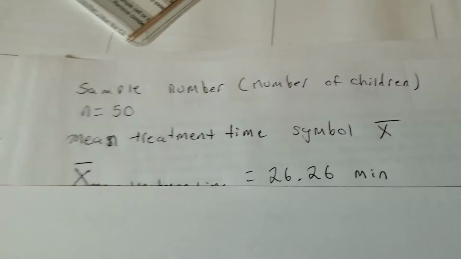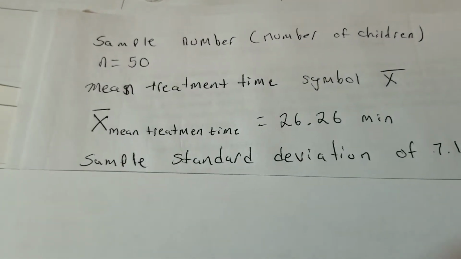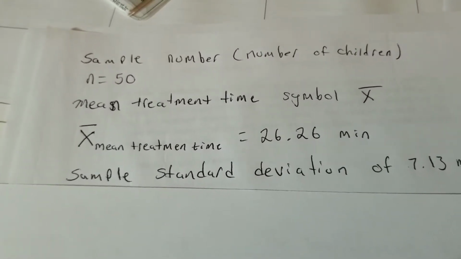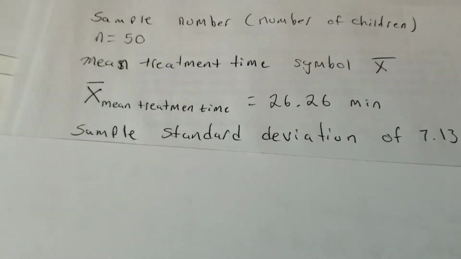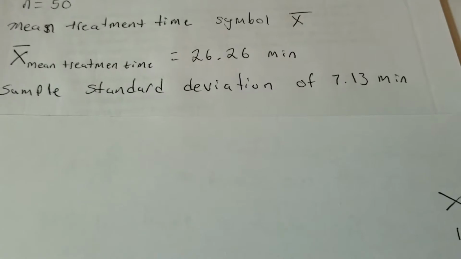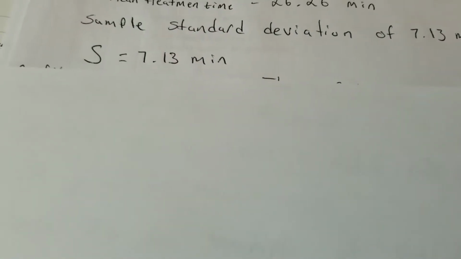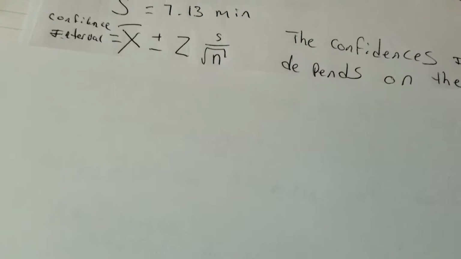So x bar, meaning the mean treatment time, is equal to 26.26 minutes. Now, your sample standard deviation of 7.13 minutes. So S is equal to 7.13 minutes.